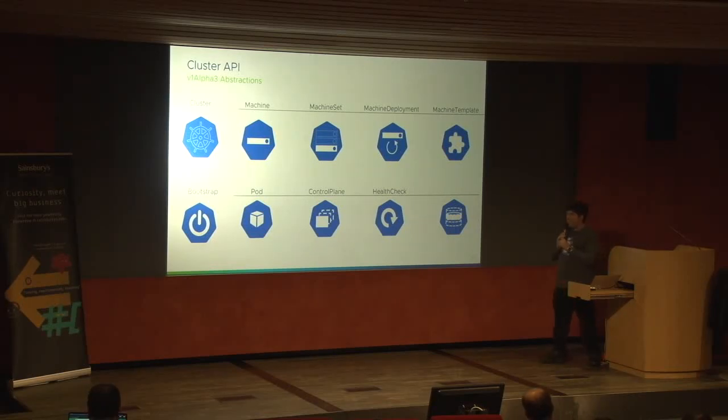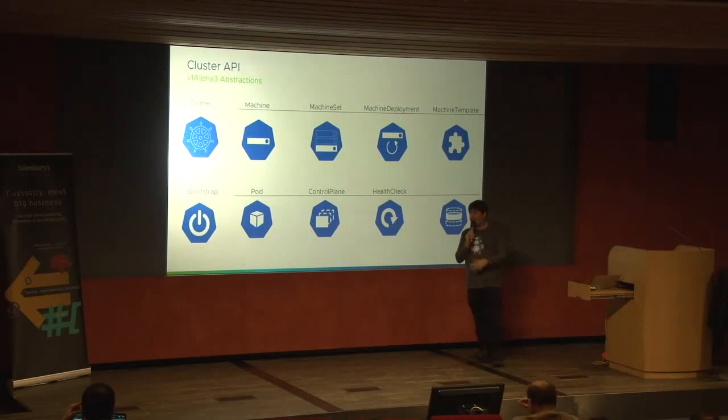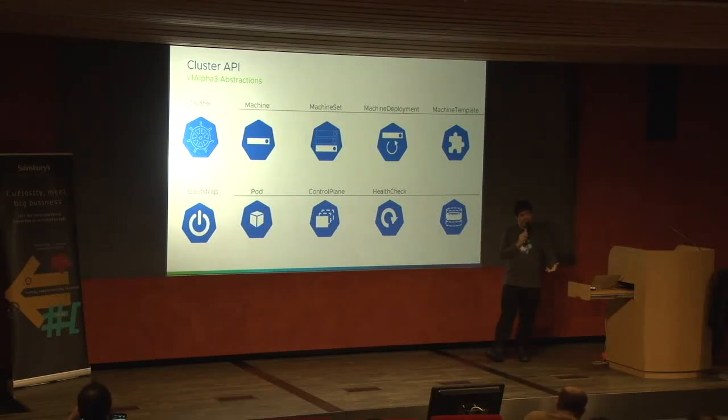The things that we have in Cluster API are a bunch of abstractions, or YAML objects if you like, that represent clusters and machines. And much like other things in Kubernetes, where you have the concept of a pod and a replica set, which controls the number of copies of those pods, we have a machine set that controls the number of copies of that machine, or how many machines of the same type or the same configuration are created.